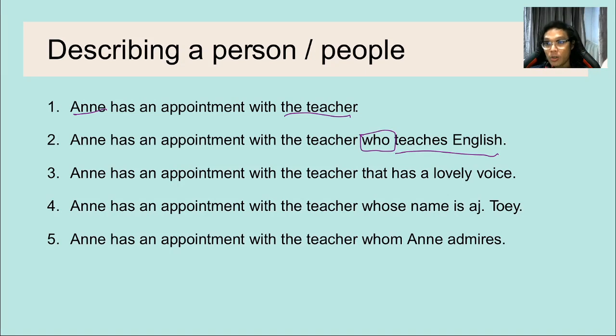So we know that this girl is going to meet a teacher in the English department, because he or she is an English teacher. So now we know a little bit more about the teacher, right? Here we use who to describe more details of the teacher.